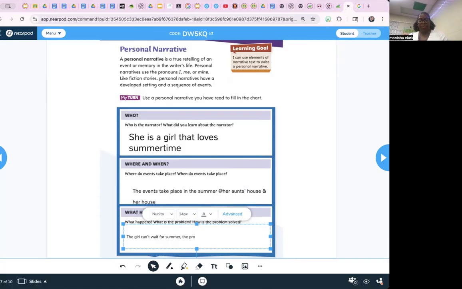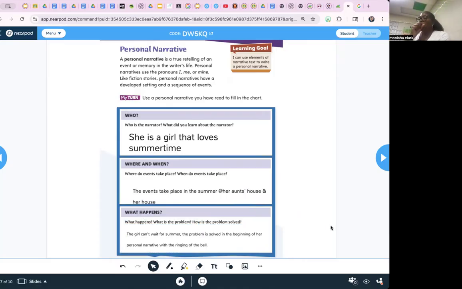The problem is solved in the beginning of her personal narrative with the ringing of the bell. So remember in the beginning, the bell goes ring ring and she's out for the summer. The problem was that she couldn't wait for the summer. At the end, it says she loves school, but summer is her favorite time of year.